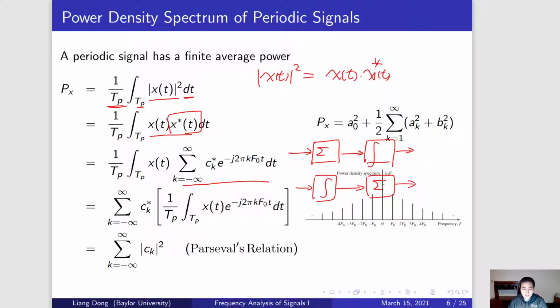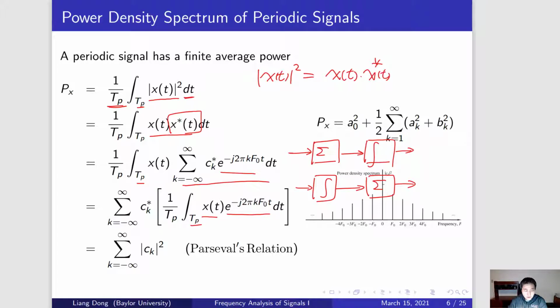Simply, we're moving the summation to the outside of this bracket and moving the integration to the inside. So we do integration first, x(t) times e to the power negative j 2 pi k f0 t, integrate dt. These are functions of t. So integrate dt over one signal period.